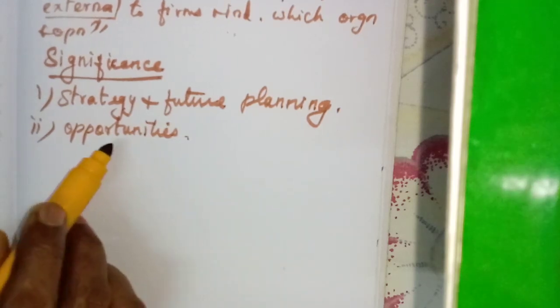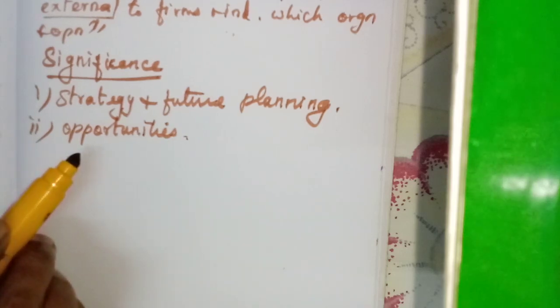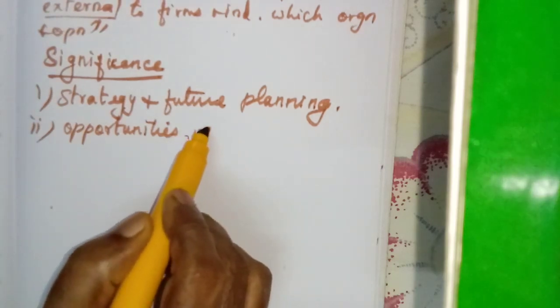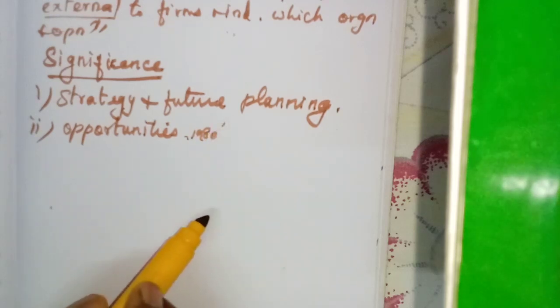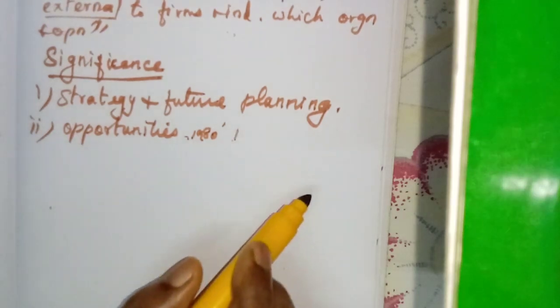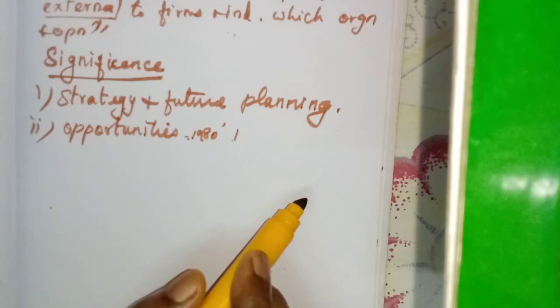This business environment helps them to identify the opportunities available. How? Because one living example is there. In the 1980s, Dr. Reddy identified the need for providing some health care.